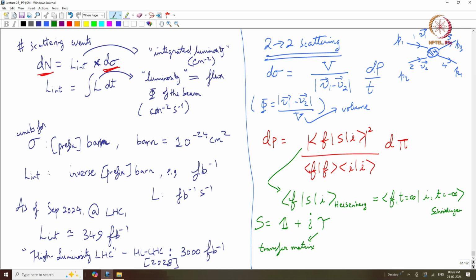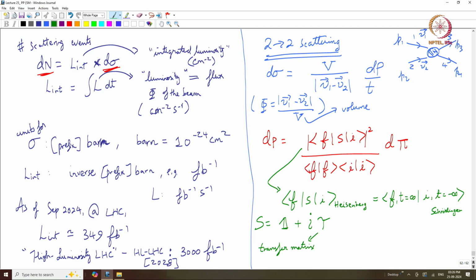Here the states evolve. In the Heisenberg picture, it is the matrix that evolves. Correct? So, in other words, I am taking asymptotic states. I am taking an initial state at t equals minus infinity, and then I am asking what has happened to that state when I go to t equals infinity, and that is captured by this S matrix.